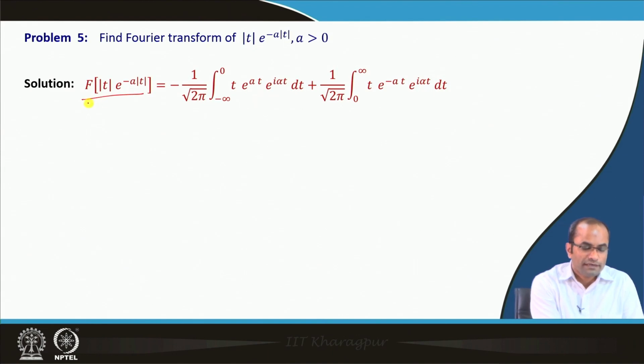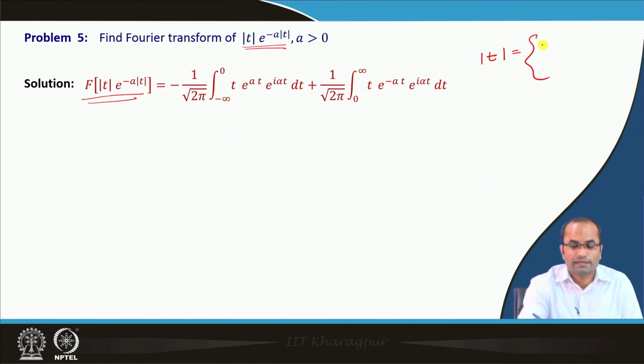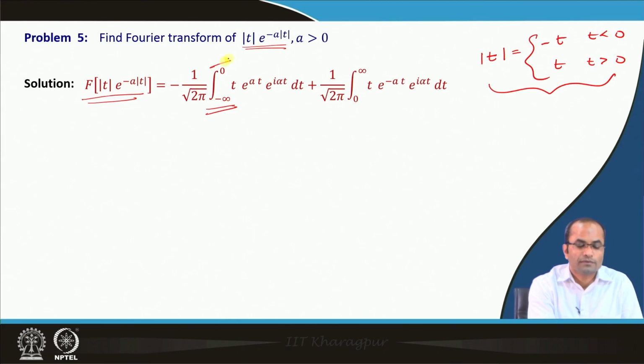So, in this case again we will apply the definition of the Fourier transform over this given function, and what we observe, because here we have this absolute value of t, which says that it is minus t when this t is negative and t when t is positive. So, with this consideration, in the minus infinity to 0, the mod t will become minus t.